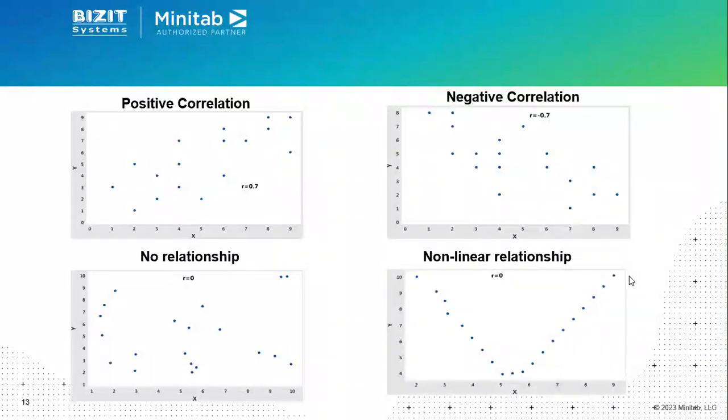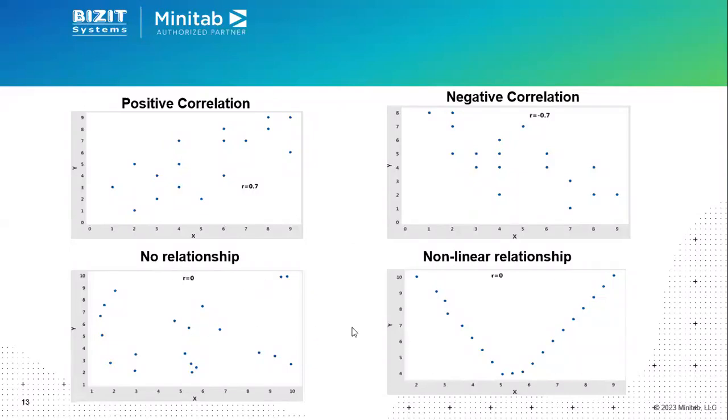Okay, this one is how to identify the relationship. One good thing is you need to start with the scatter plot. We use the scatter plot to see the relationship between two variables. For example, if your R is a positive value, you will see the scatter between X and Y like this. If R is on the negative side, your scatter looks like this.